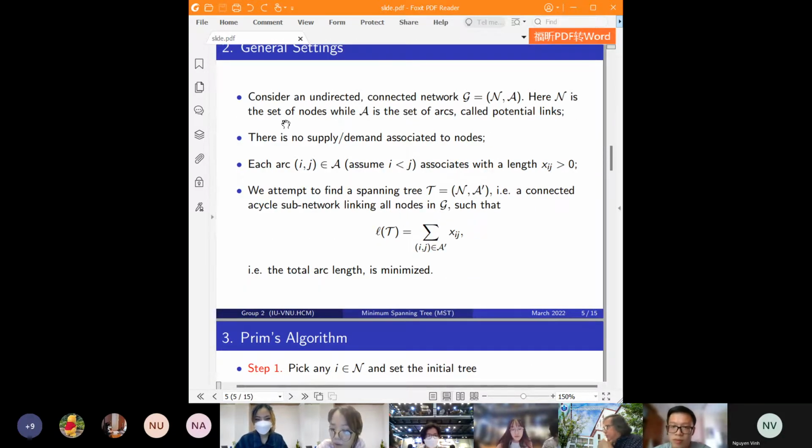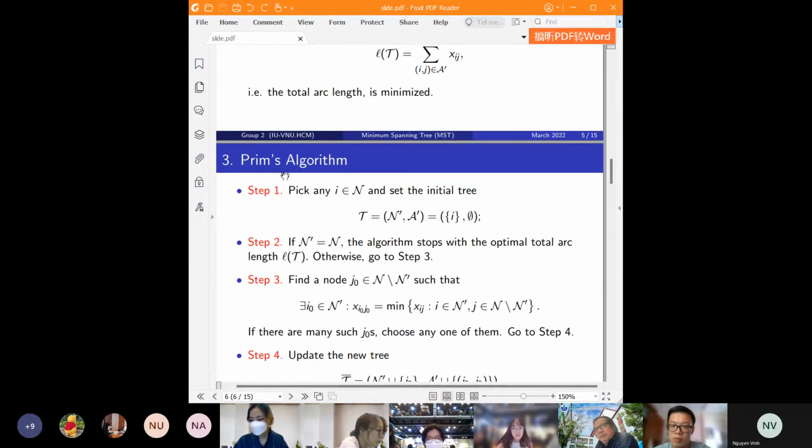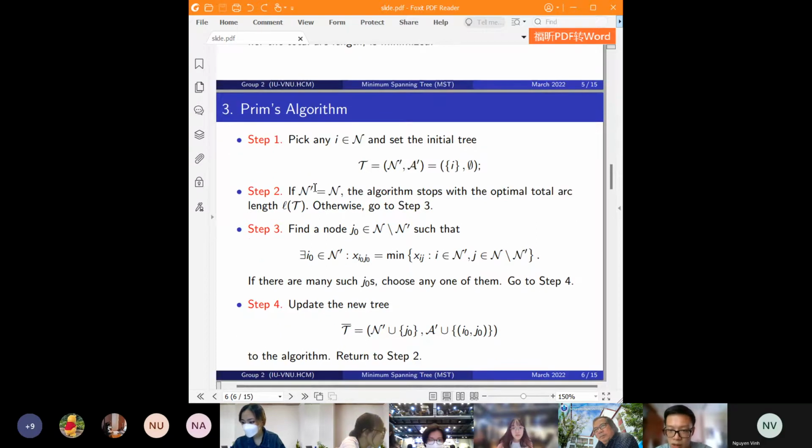We have already provided the problem in its general form, and now our group will present an algorithm used to solve this problem, which is included in the book, and the algorithm is due to Prim. It proceeds as follows. First, we choose an initial starting node.